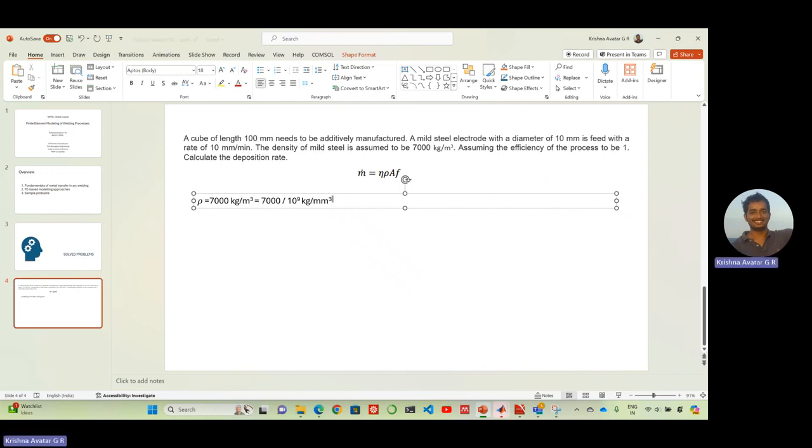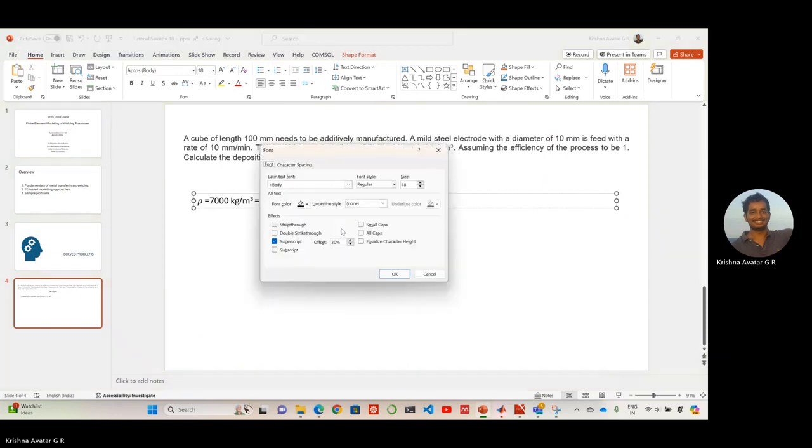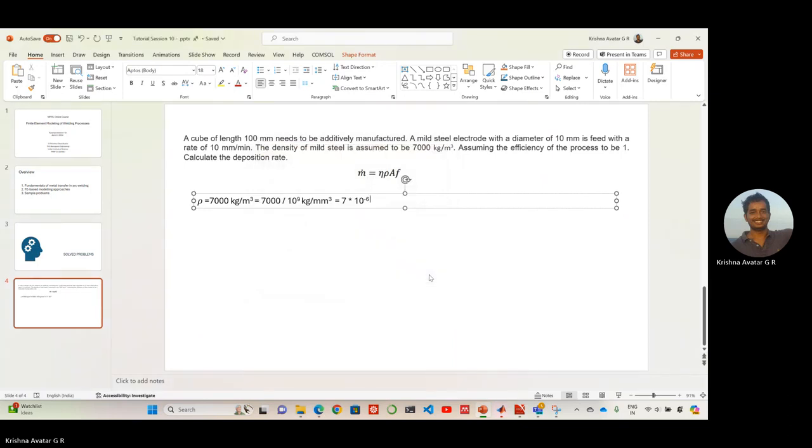So this eventually gives rise to 7 into 10 power minus 6 kg per mm cubed. So this is our rho.